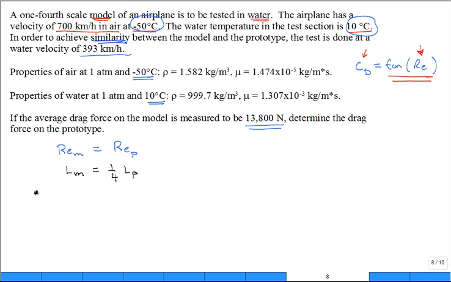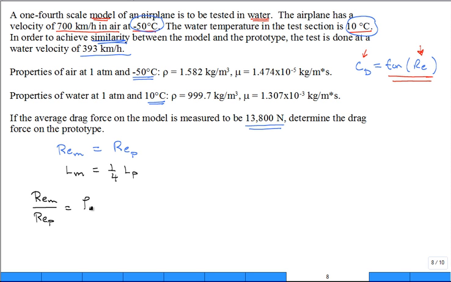I can say, here's the Reynolds number of the model. If I divide it by the Reynolds number of the prototype, I want to find out what that ratio is. If it's 1, those two Reynolds numbers are the same. I have dynamic similarity. And when I have dynamic similarity, I can infer then the drag coefficient is going to be the same.